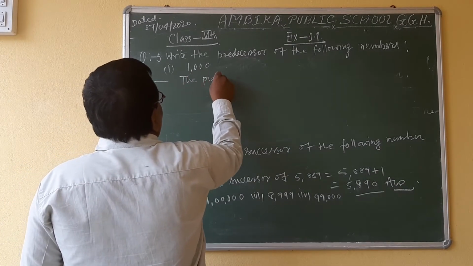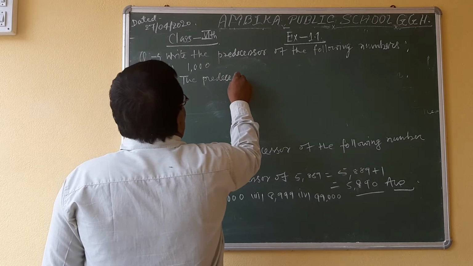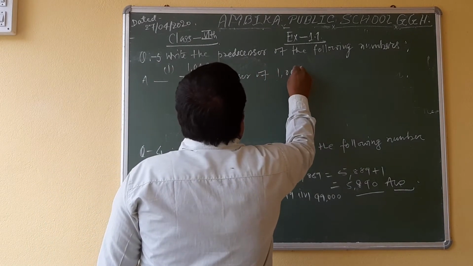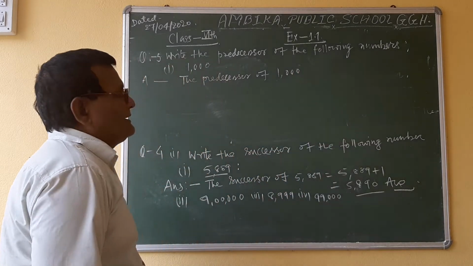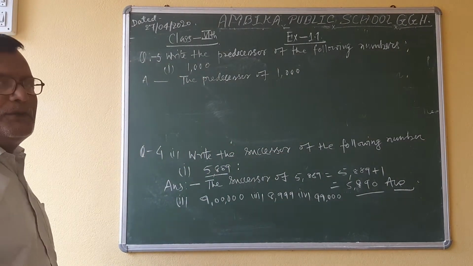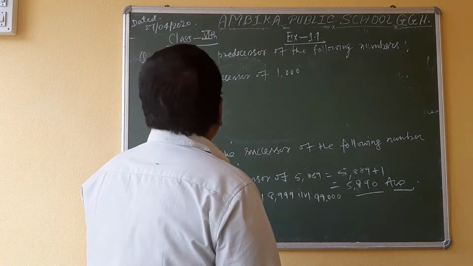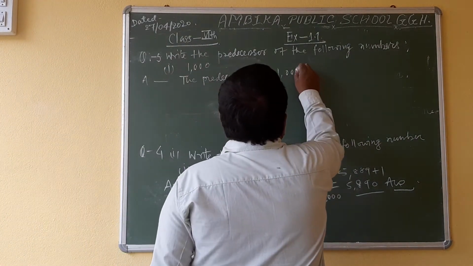The predecessor of 1000. By definition, we know that on subtracting 1 from a given number, we get another number. This number is called the predecessor.